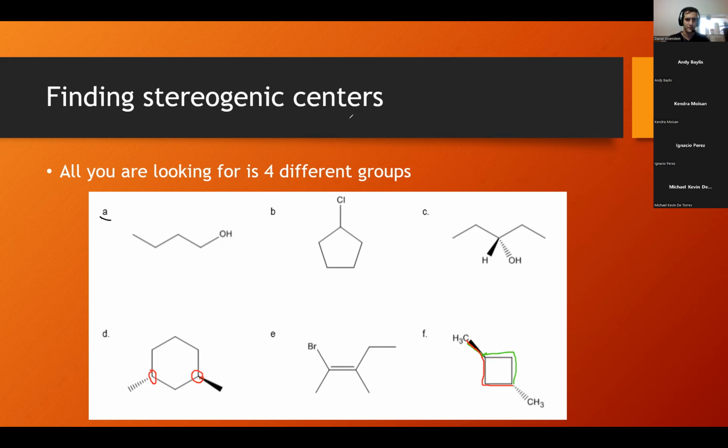I have this set of carbons, and I have that set of carbons. That's 4. Does that make sense? Keep in mind, it doesn't only matter about the atoms directly connected to the chiral center. It matters about the whole group that's connected to the chiral center. Okay. Great job.